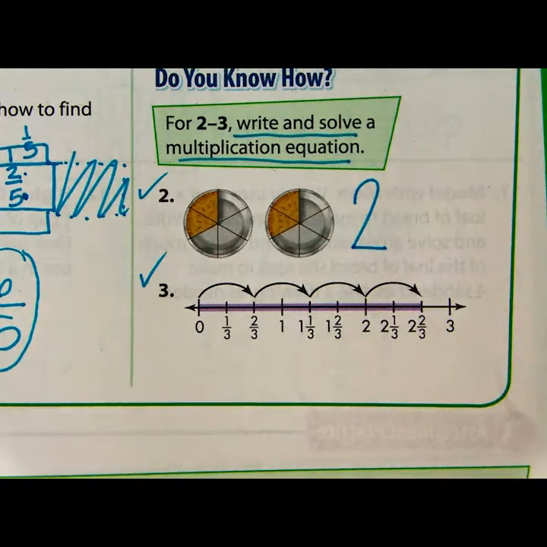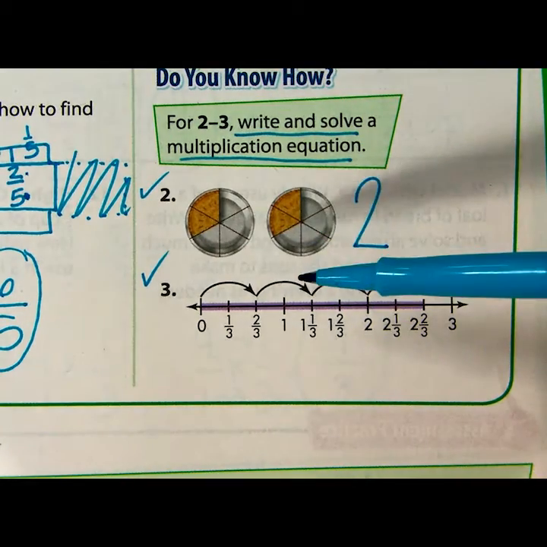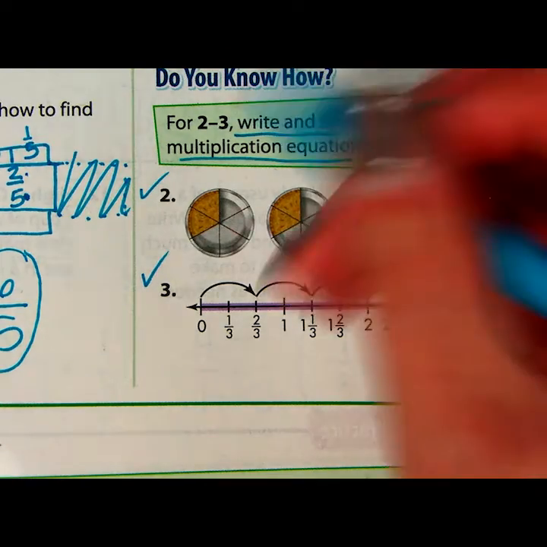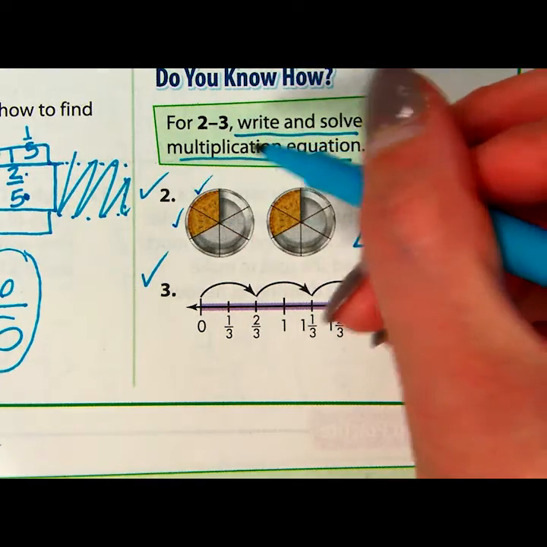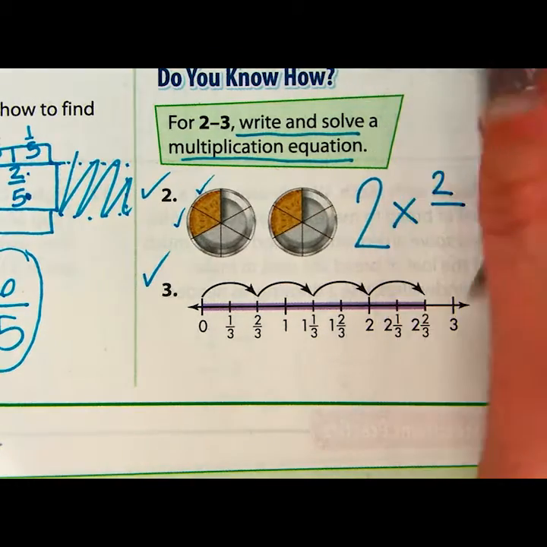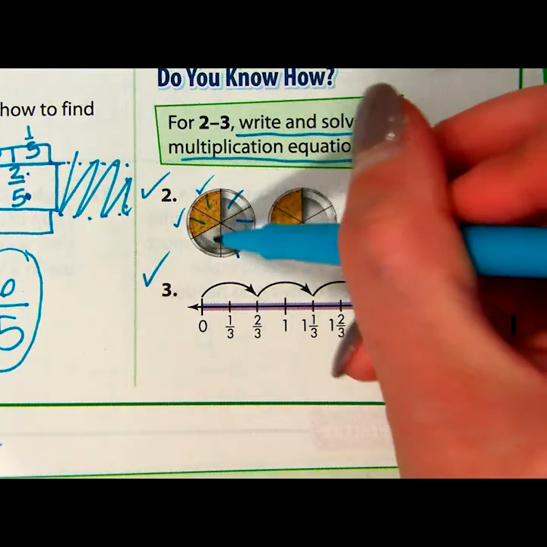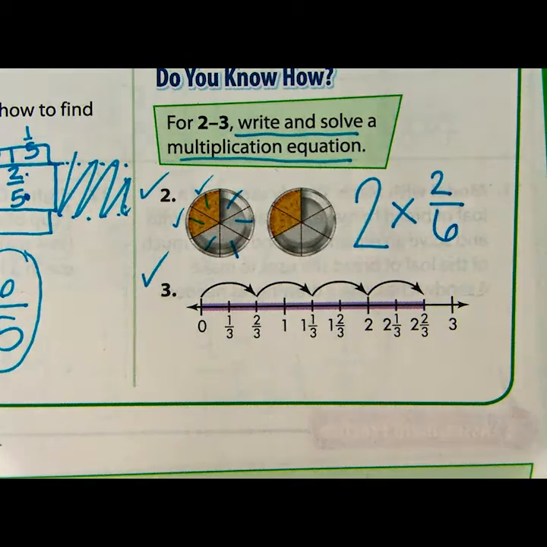But then I need to see what fraction of the pie is being represented. So there's 1, 2. So 2 is my numerator. And then what's my denominator? How many pieces were there total? 1, 2, 3, 4, 5, 6. 2 multiplied by 2/6.